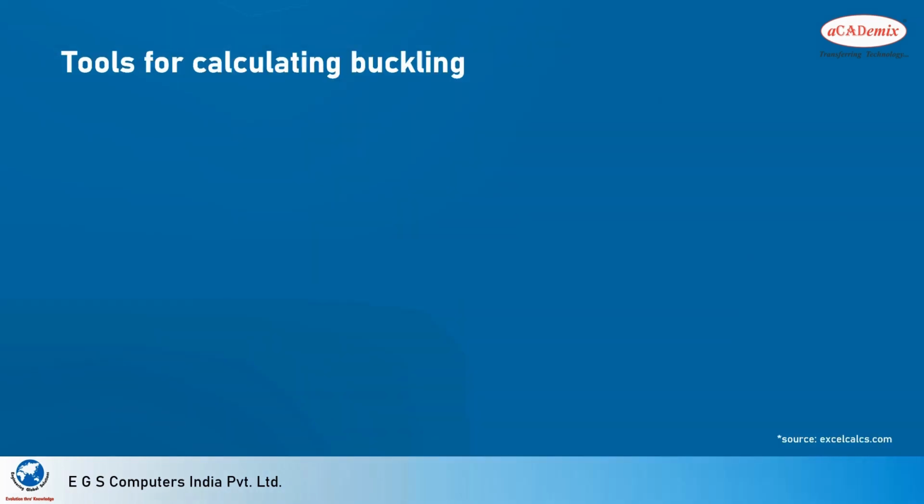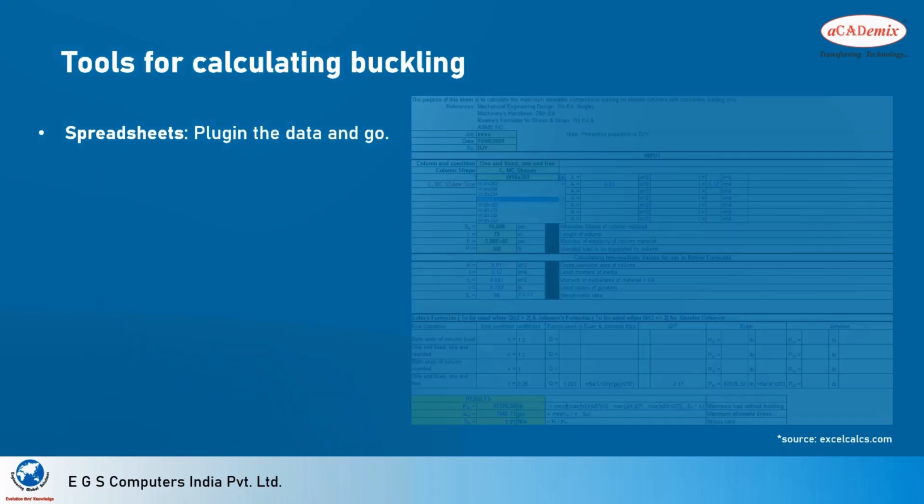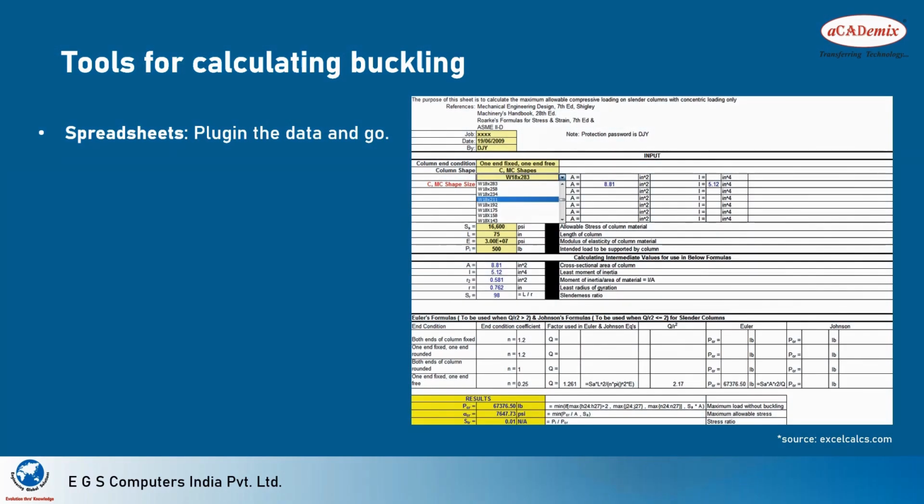Tools for calculating buckling. One important tool is the spreadsheet. There are readily available Excel sheets which have predefined structural section details with material data. You need to add relevant inputs to find out the buckling load.